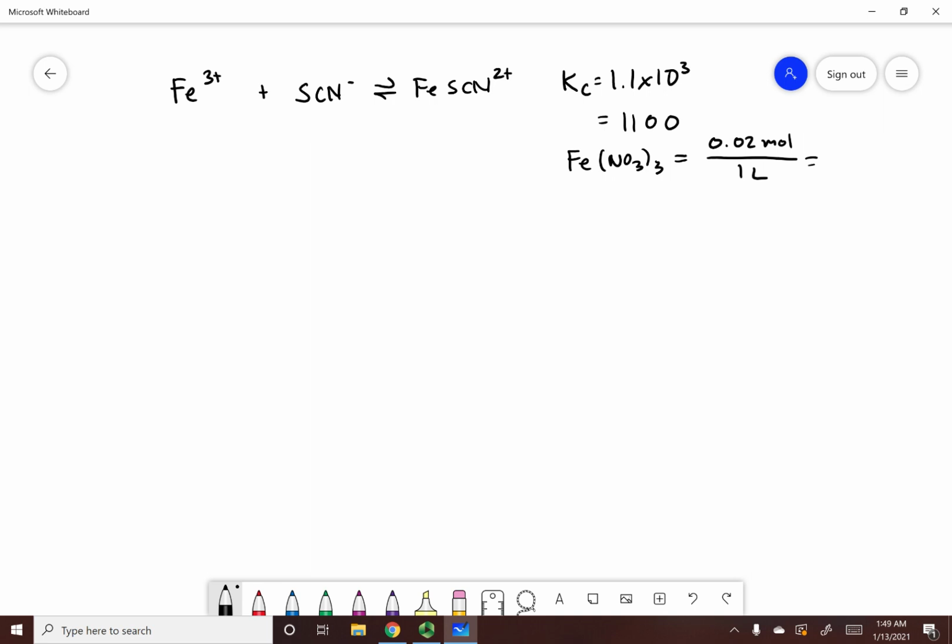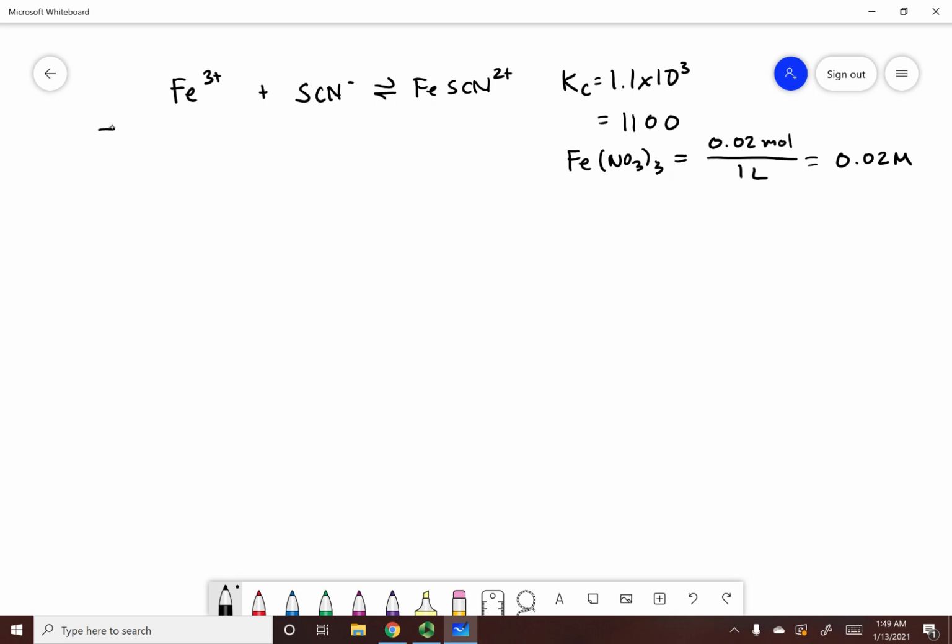So in essence, we can say that the concentration of FeNO3 is going to be 0.02 molar. What we'll note here is that this is an ionic compound, and so this is going to completely break up into iron 3 ions and NO3 ions.